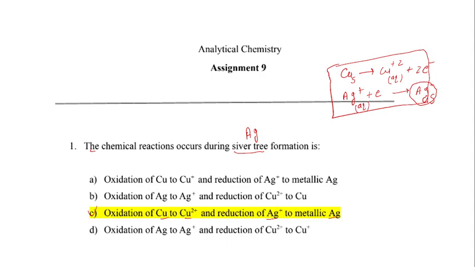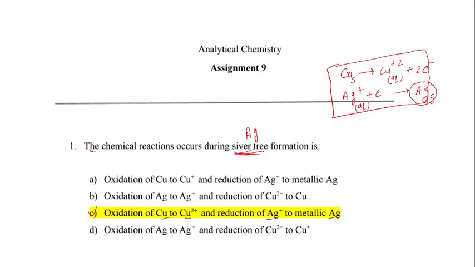This solid silver is deposited on copper and looks like a tree. If you see a magnified image, it looks like a tree. That's why it is called a silver tree.